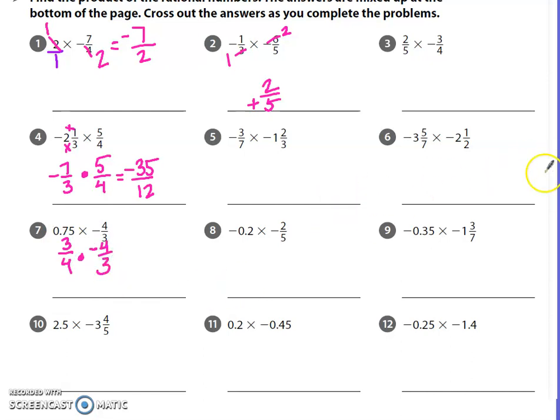But 75 cents is 3/4, so I changed it to a fraction. And then I get to cross-cancel all this stuff. 4 goes into 4 evenly one time, and 3 goes into 3 evenly one time. Multiply across, and I've got -1 as my final answer.